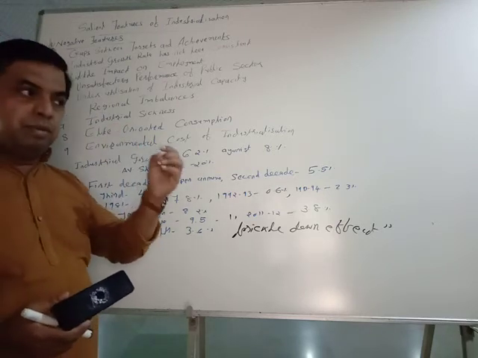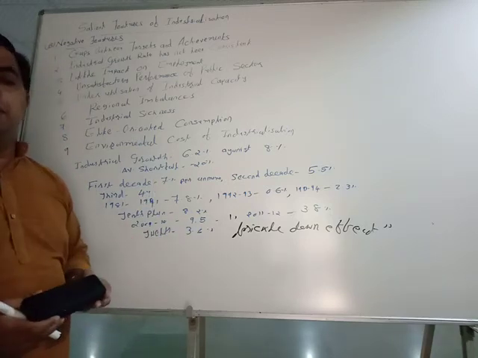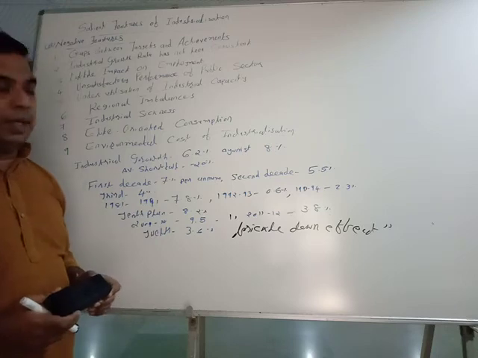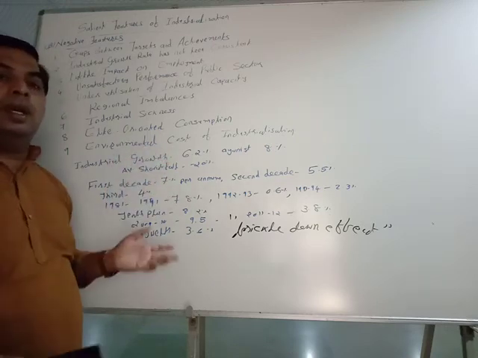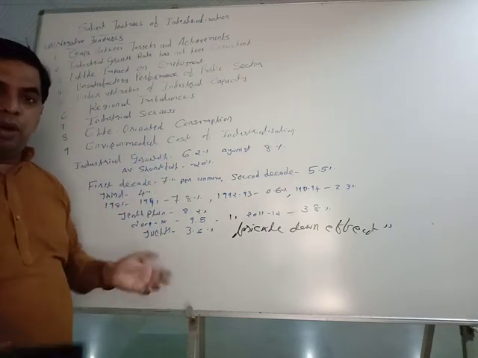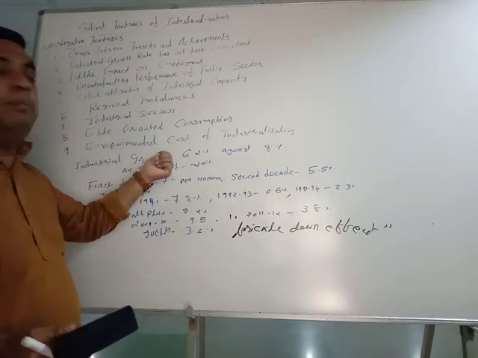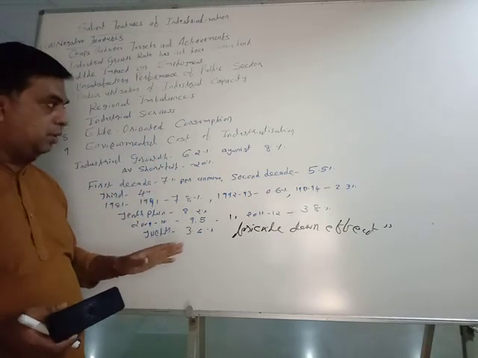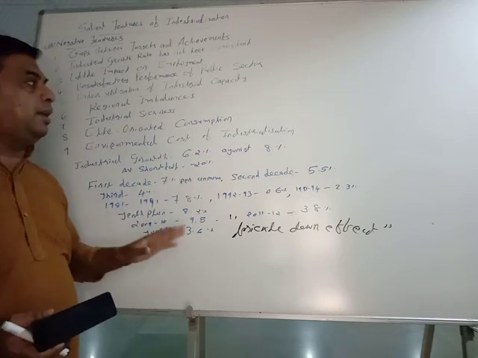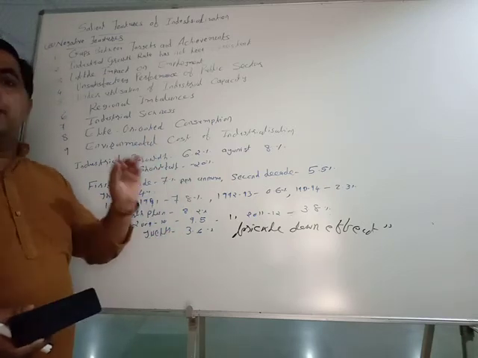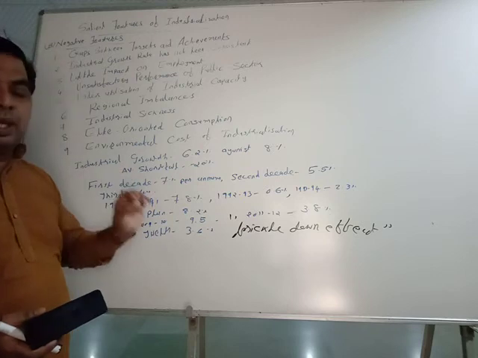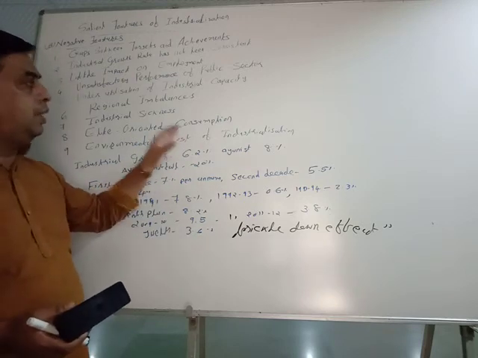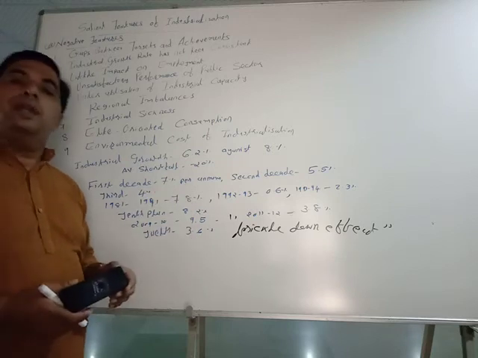Many measures have been initiated by the government, एंटी पॉल्यूशन मेजर्स तो बनाए हैं, मगर प्रॉब्लम है इम्प्लीमेंटेशन. Due to poor implementation, due to ineffective implementation of these laws, the pollution has been increasing day by day. Okay, so this is also one of the negative features of our industrialization.